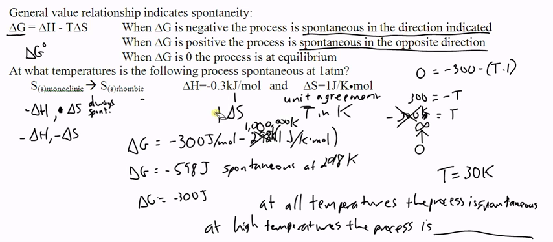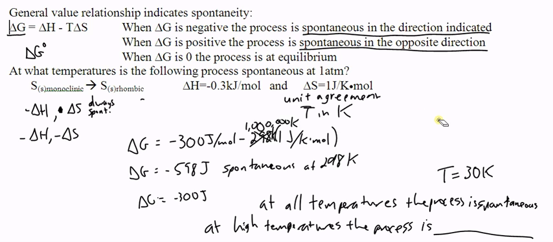So the way that this system gets to be spontaneous, in other words, have a delta G that is going to be a negative value, is we have to look at this equation.